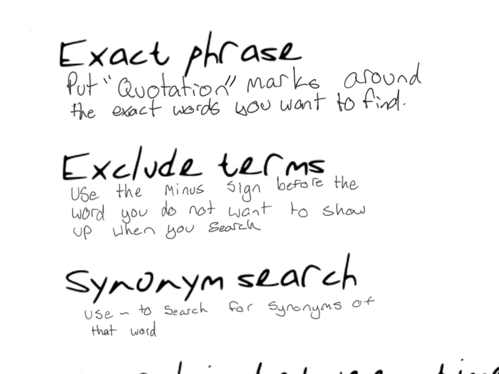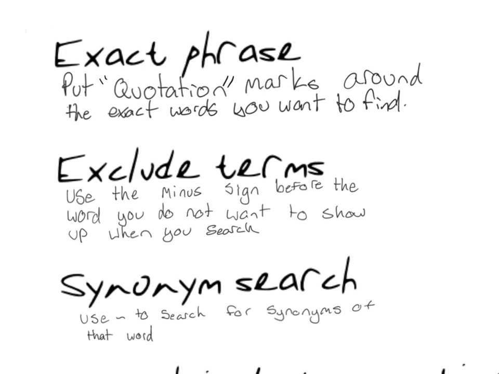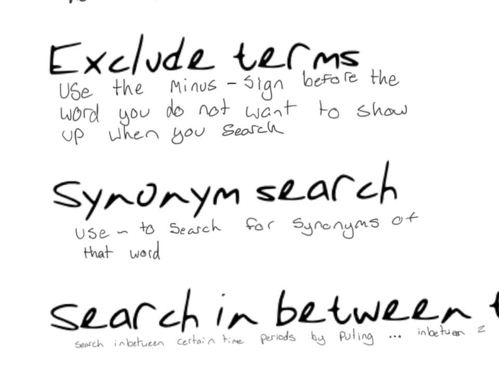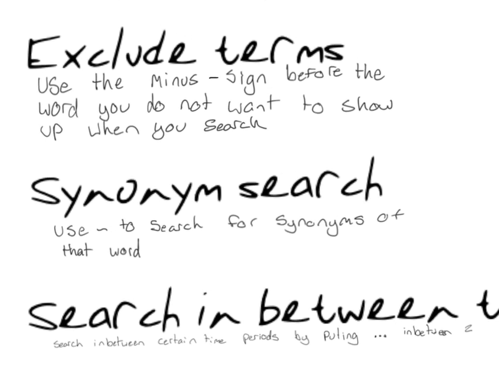Then I can exclude terms, so I can put the minus sign in front of a word that I don't want to find when I search things. Then synonym search, I can use this symbol to find synonyms of the word that I want.